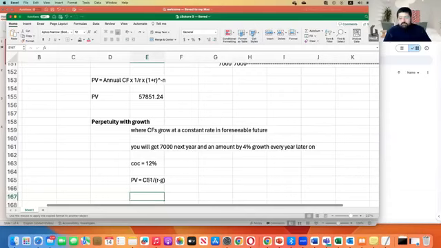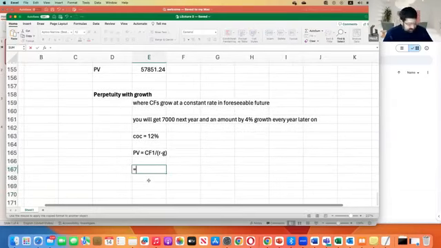So CF1 is 7,000 next year, the first year of perpetuity. R is 12% minus 4%.